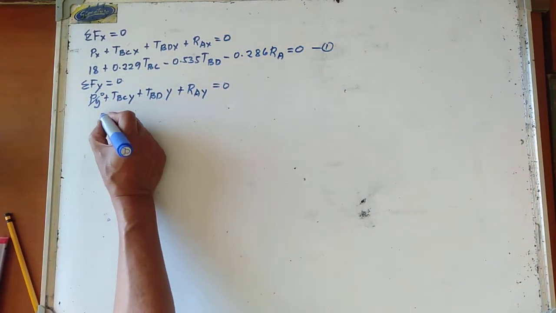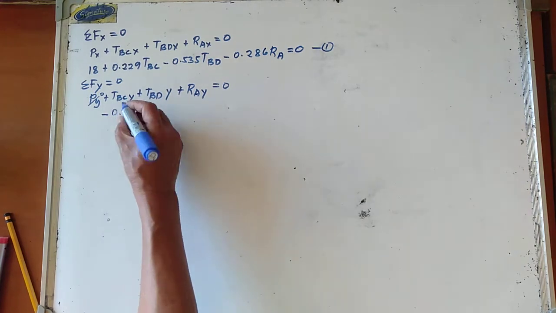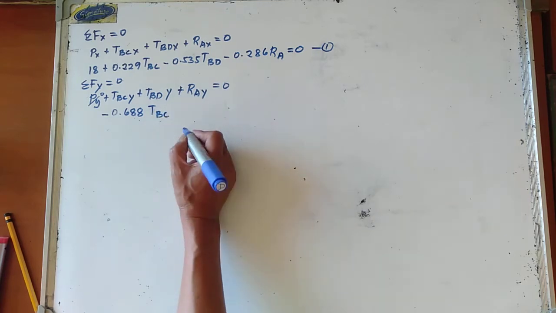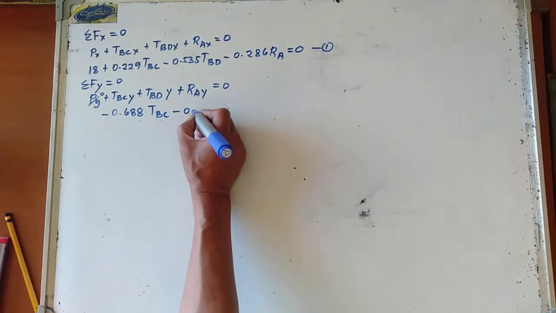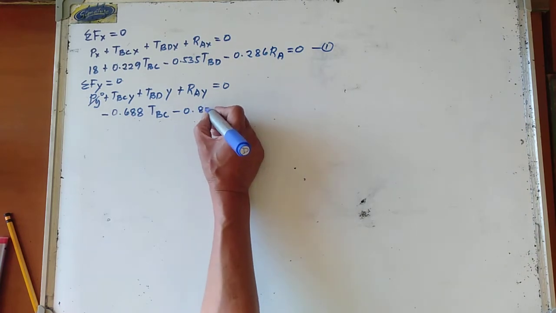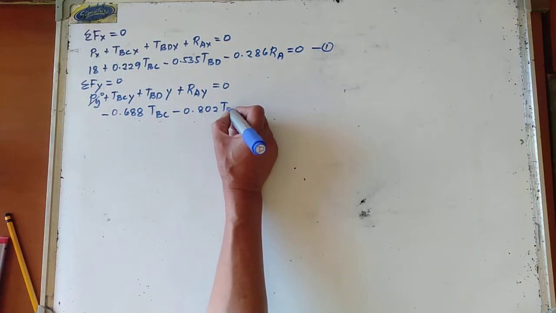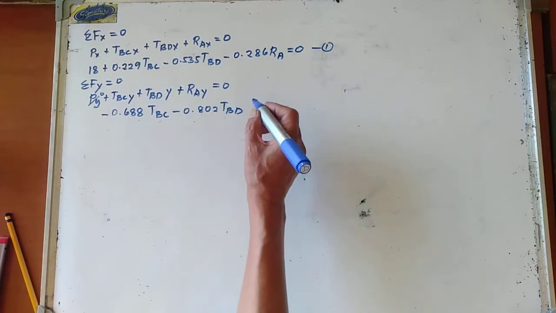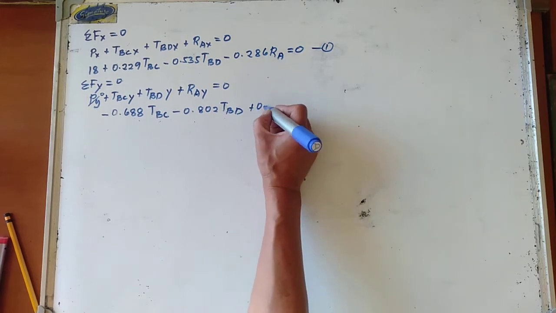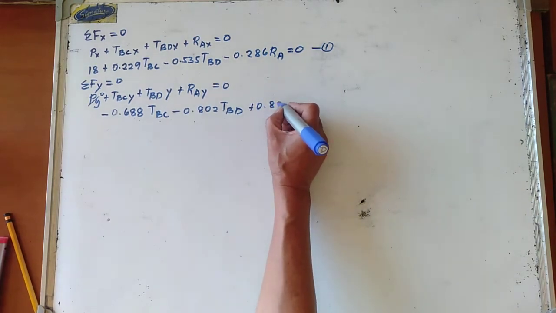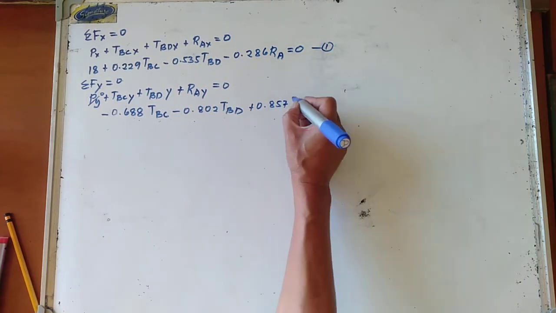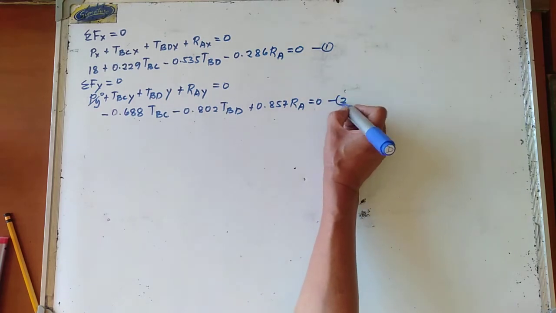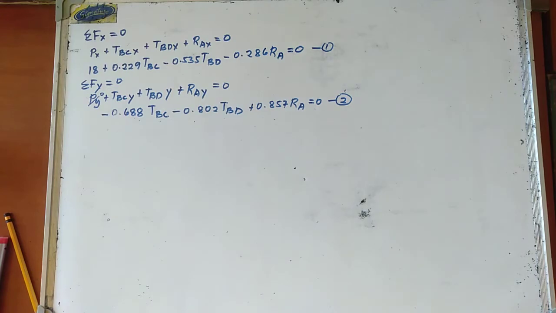So we have minus 0.688 TBC minus 0.802 TBD, and then plus 0.857 RA is equal to 0. So this is now equation 2.